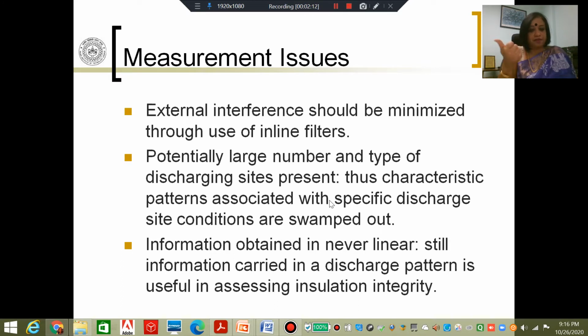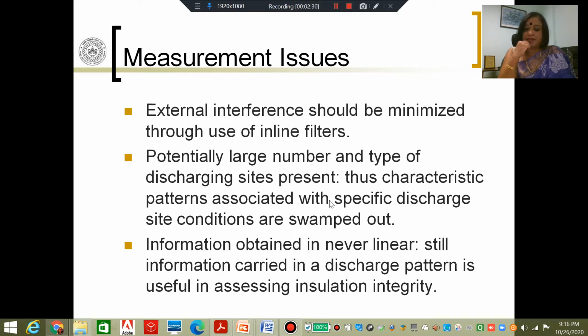And so one of the issues that causes this is, of course, external interference. The second thing is when you have the characteristic patterns swamped out by a large number of sites and different kinds of discharges happening together.